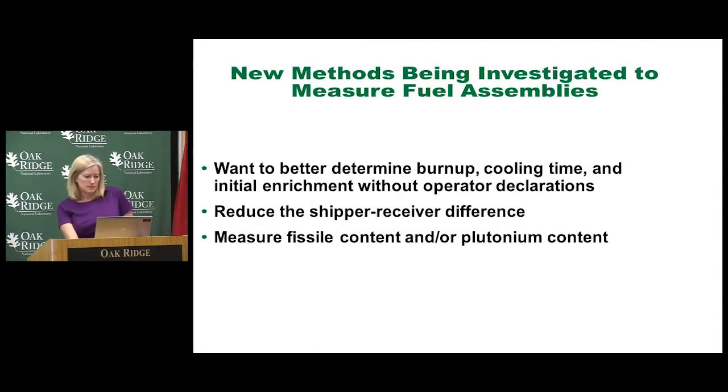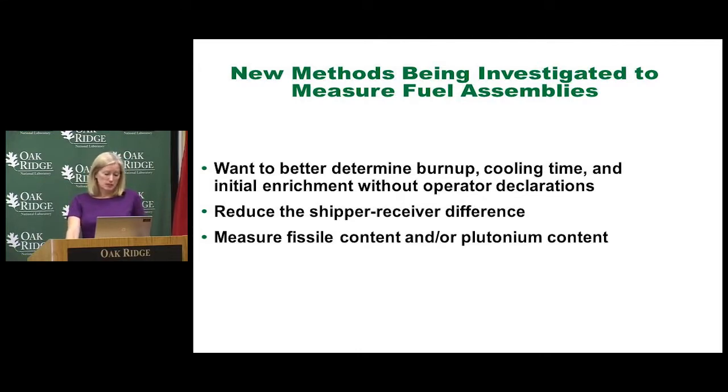So I'm going to move on to some of the new methods being investigated and focus on some of the ones that I'm most familiar with and go into a little bit more depth. But what we are trying to do is, as I talked about before, most of what we have measured, or what the IAEA measures now, is dependent upon operator declarations of burnup, cooling time, and initial enrichment.